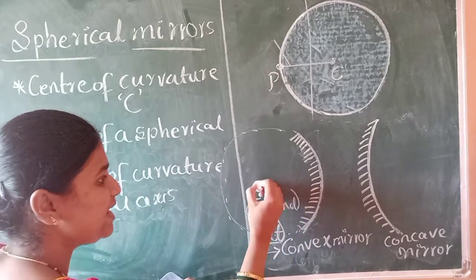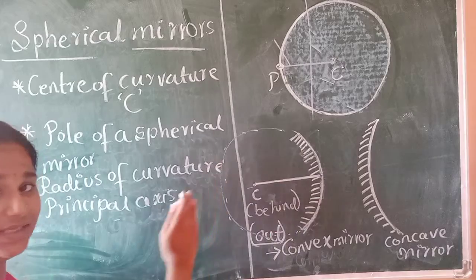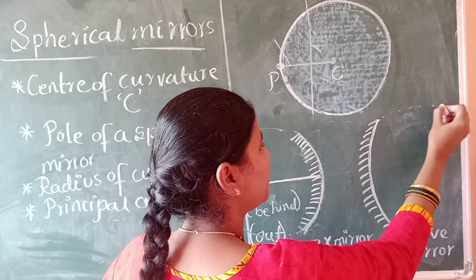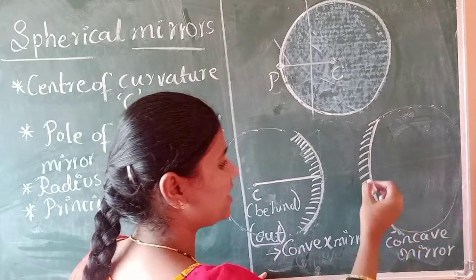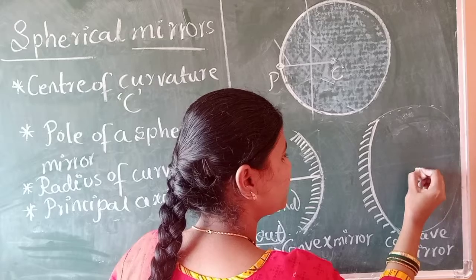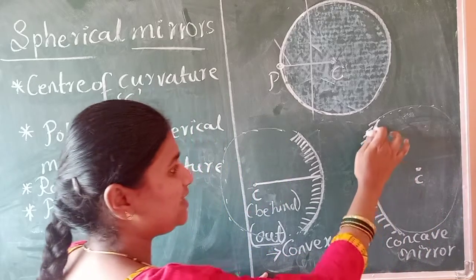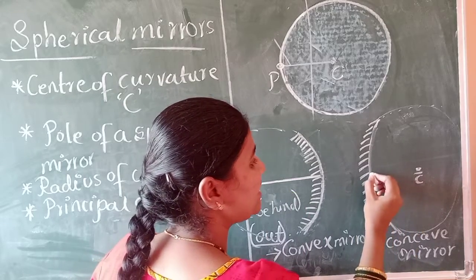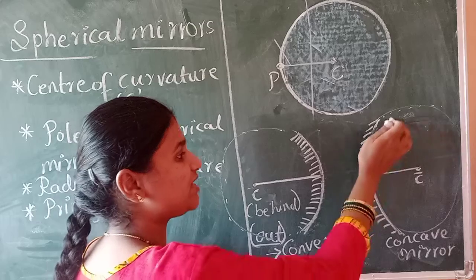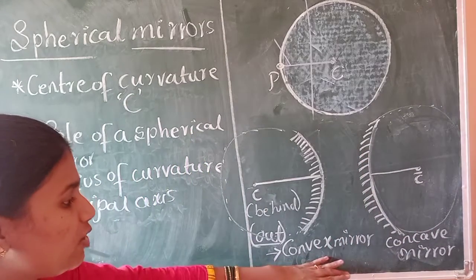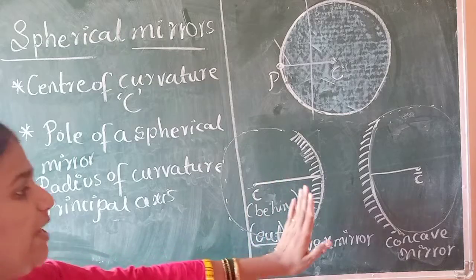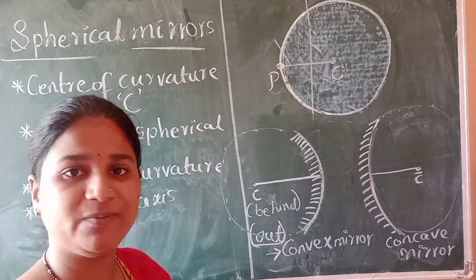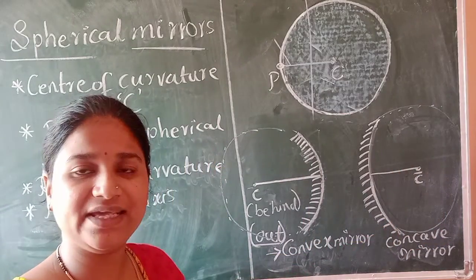Next, when we consider the reflecting surface of a concave mirror, when we draw a rough circle over here, the center of the circle will come here, and this is the reflecting surface. So here the center of curvature is in front of the reflecting surface. So in a convex mirror, the center of curvature will be behind the reflecting surface. In a concave mirror, the center of curvature will be in front of the reflecting surface.